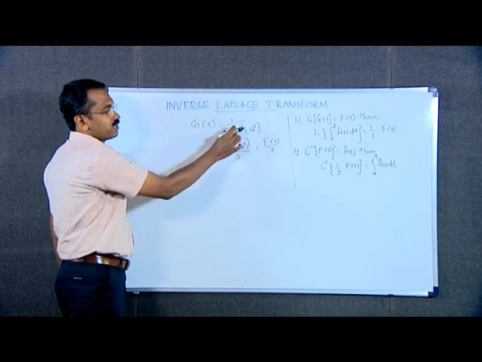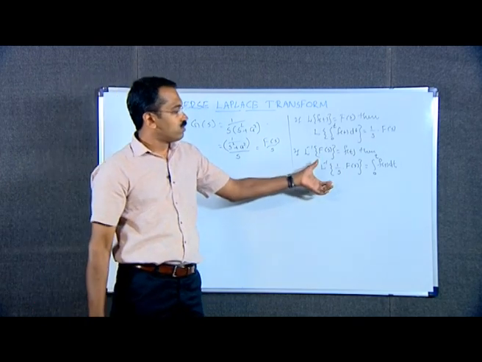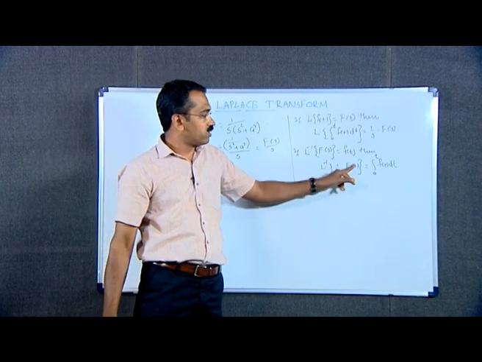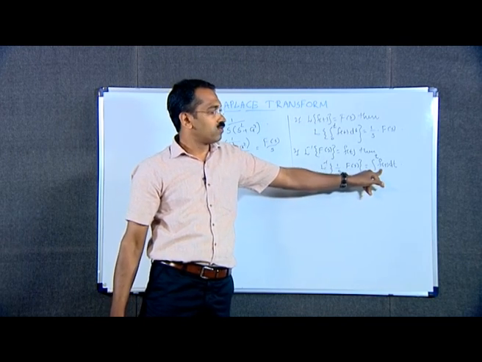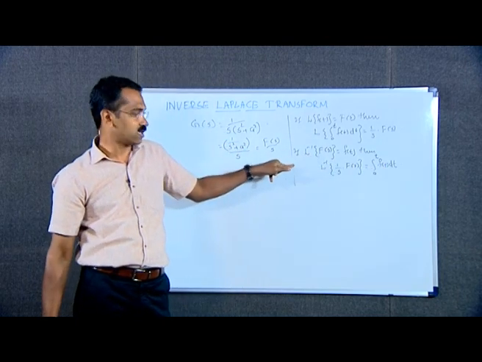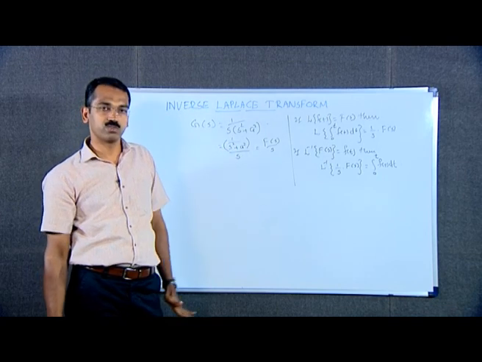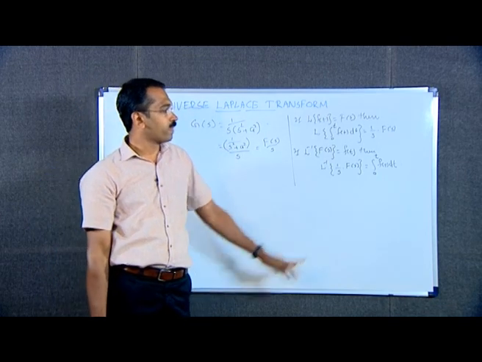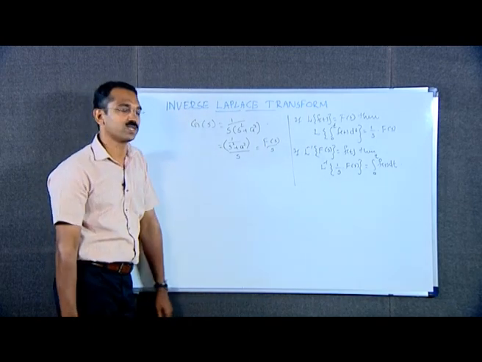Now, we have to find inverse of this function, which means we have to apply this property, which means that integrate f of t, where f of t is the inverse Laplace transform of this numerator function. Here it is 1 by s square plus a square between the limits 0 and t. With respect to t, the integration is with respect to t.